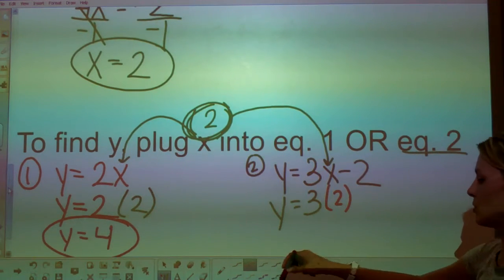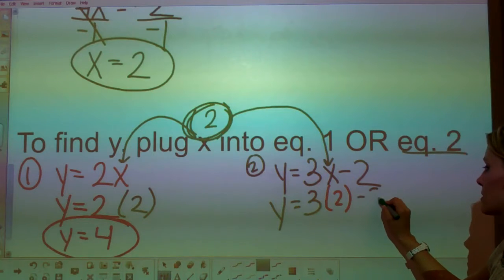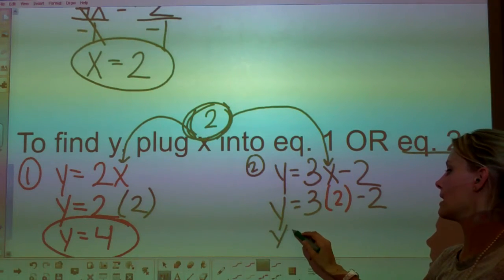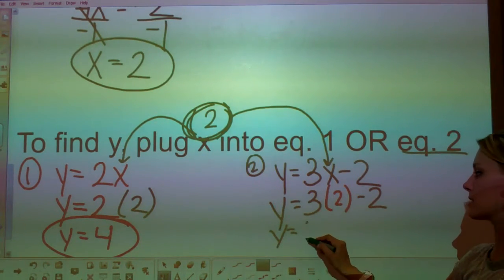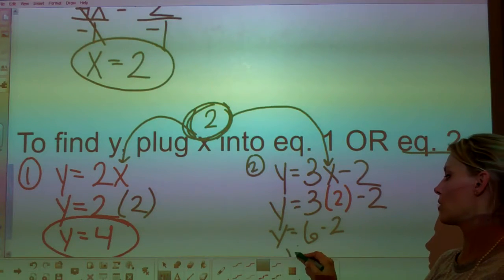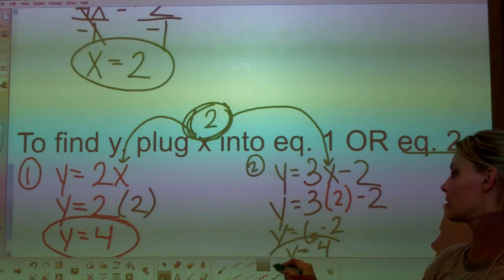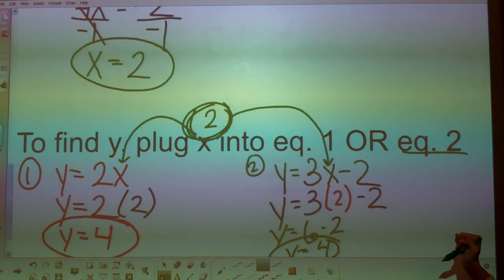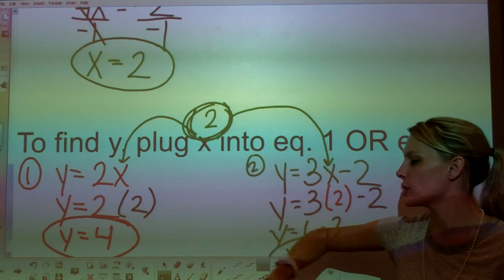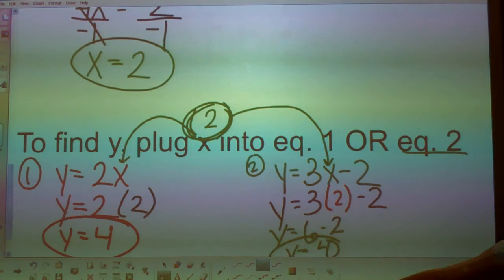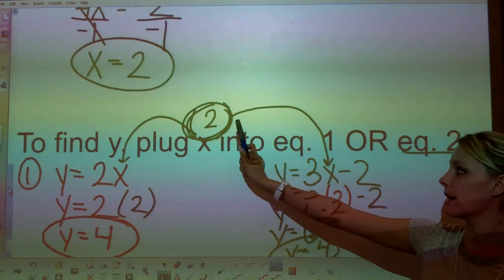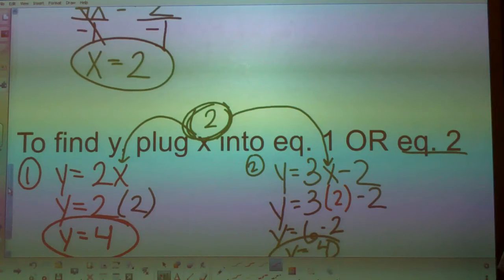We know it, it's 2. And then minus 2. So y equals 3 times 2 is 6 minus 2, or y equals 4. So we found 4 for equation 1 and 4 for equation 2. Therefore, it doesn't matter if you plug, once you find x, into equation 1 or 2, you'll get the same y value.